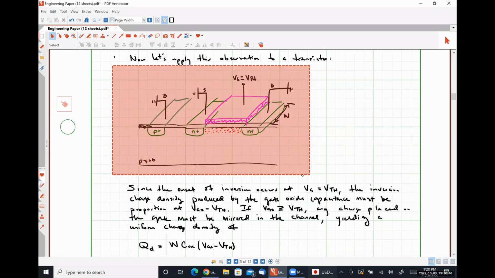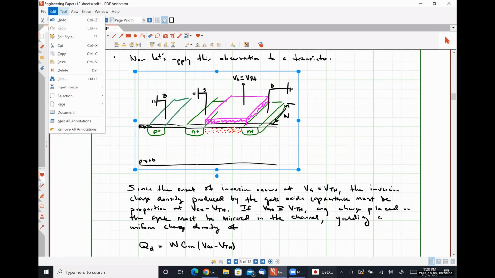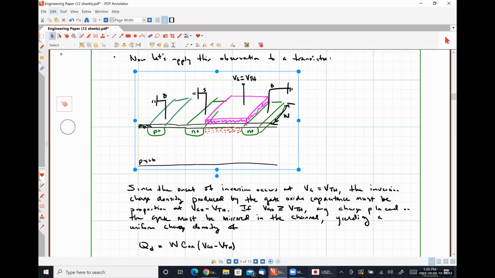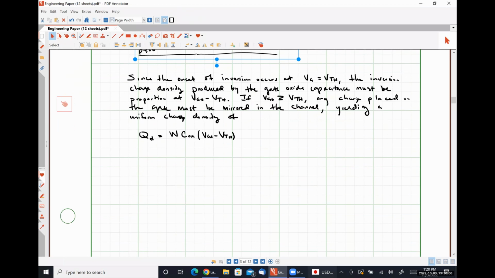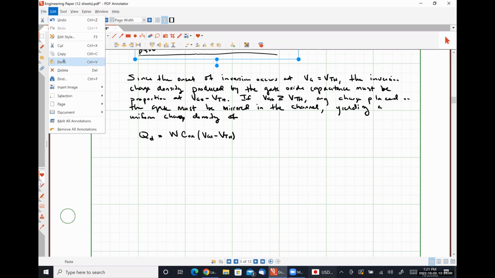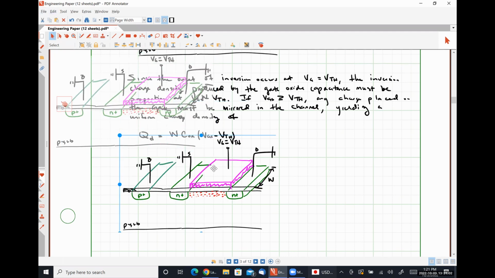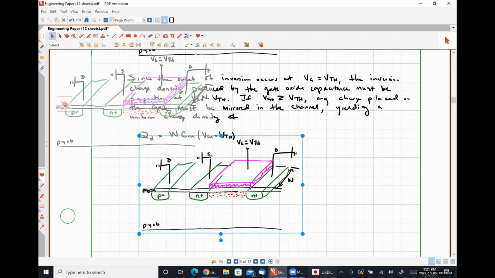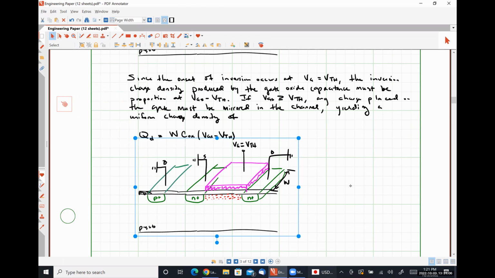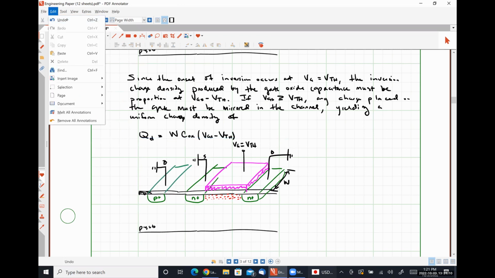I'm going to take a copy of this, and we're going to talk about what happens when we start applying voltages. All right. So let's say that we put a voltage at the drain.